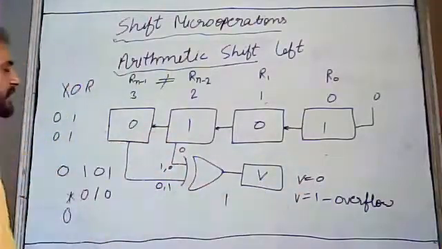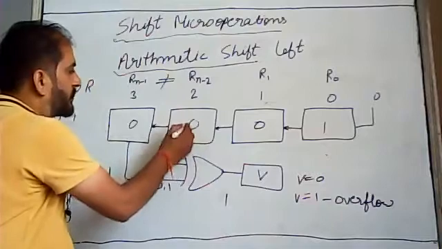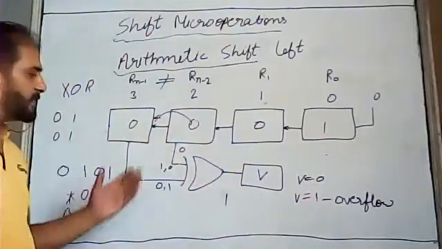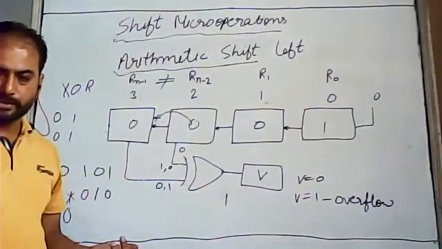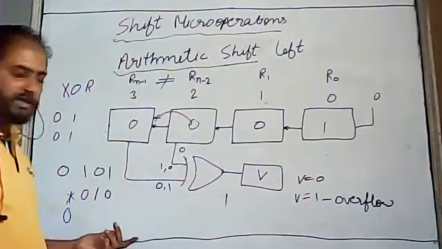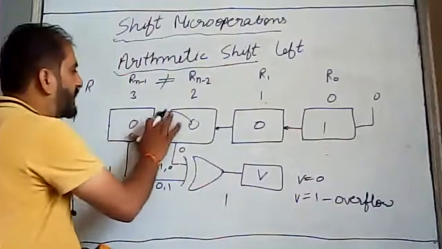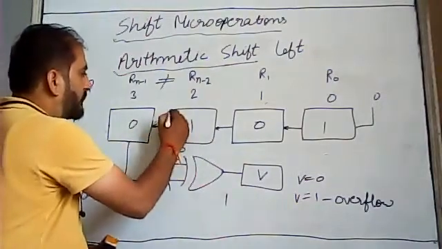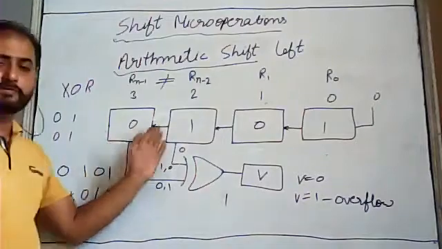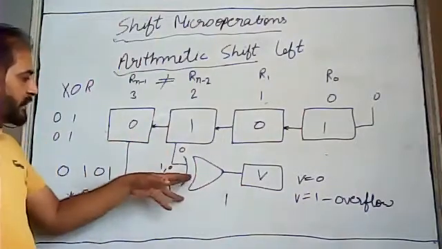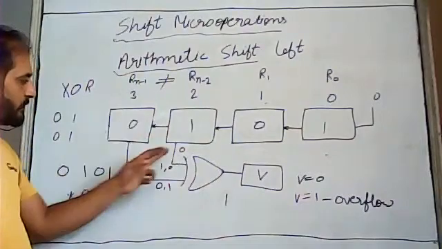Here 0 is shifted in, so there is no change in the sign of the number. But if it is 1 and 0, this means the number is changing from positive to negative. So here the inputs to the XOR gate are 1, 0.